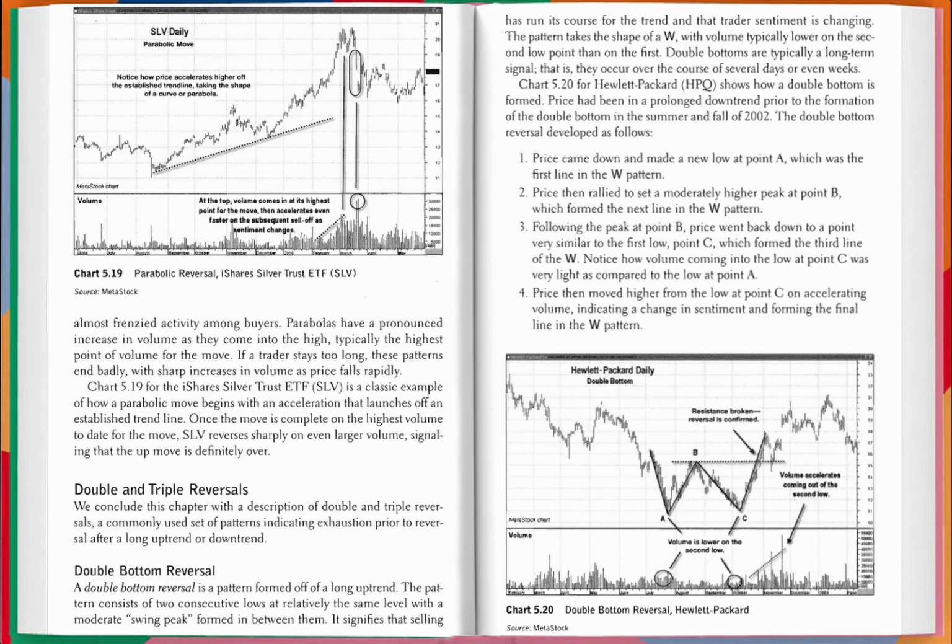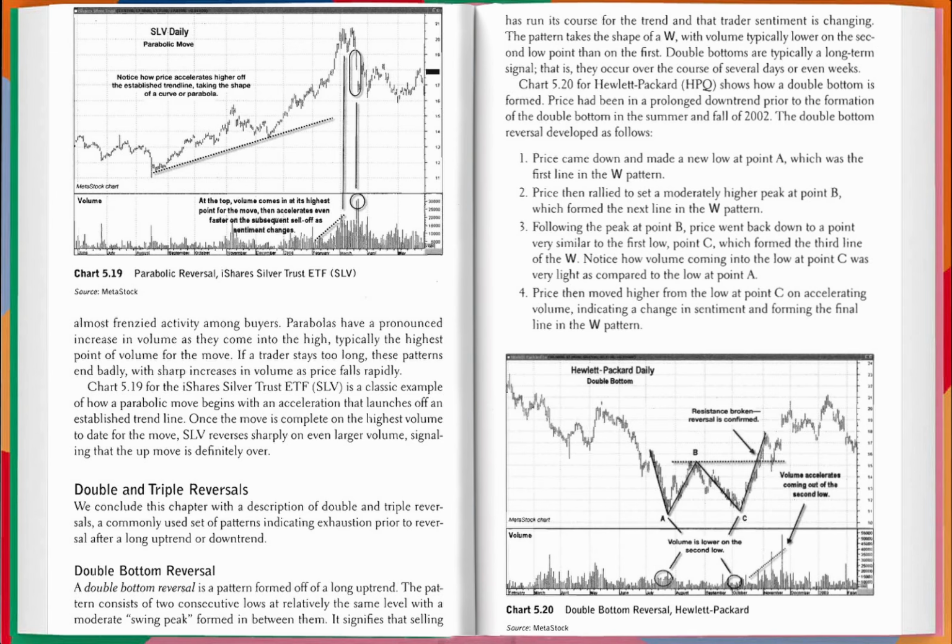The pattern consists of two consecutive lows at relatively the same level with a moderate swing peak formed in between them. It signifies that selling has run its course for the trend, and that trader sentiment is changing. The pattern takes the shape of a W, with volume typically lower on the second low point than on the first. Double bottoms are typically a long-term signal. That is, they occur over the course of several days or even weeks.